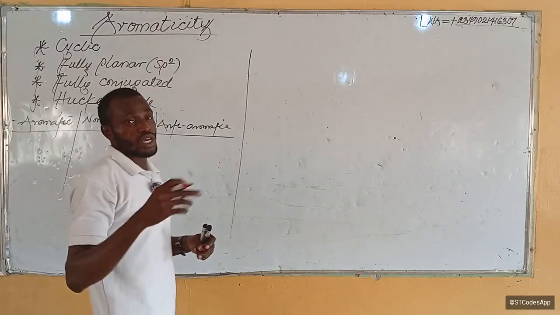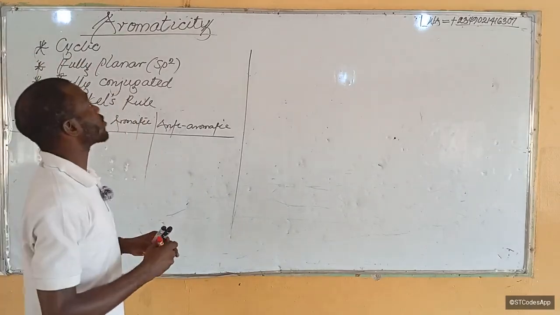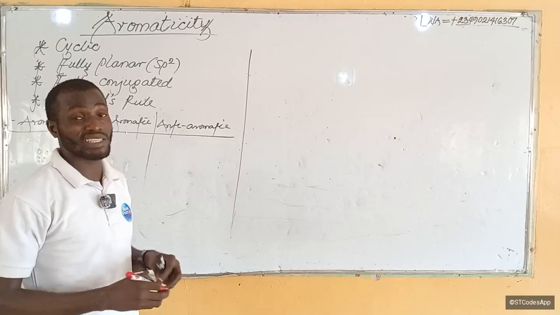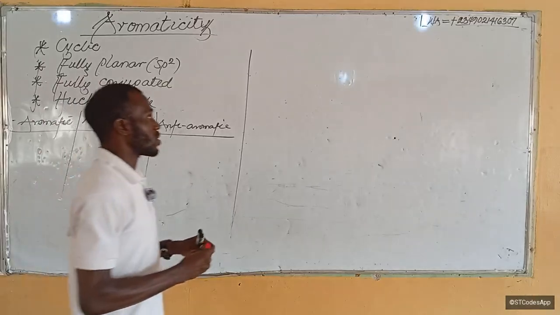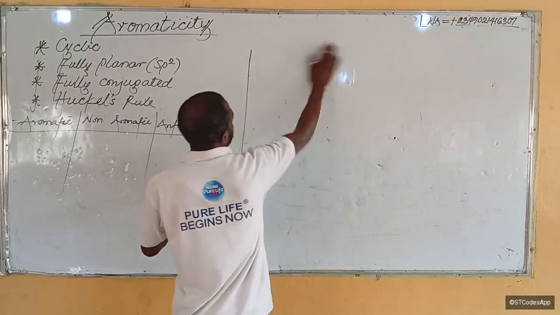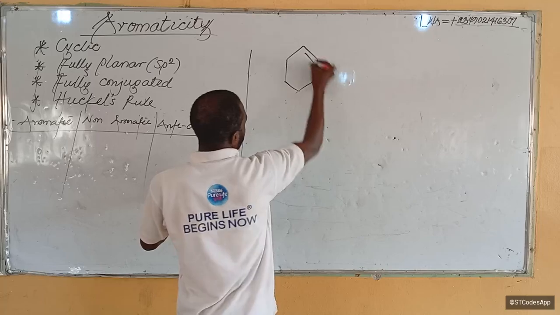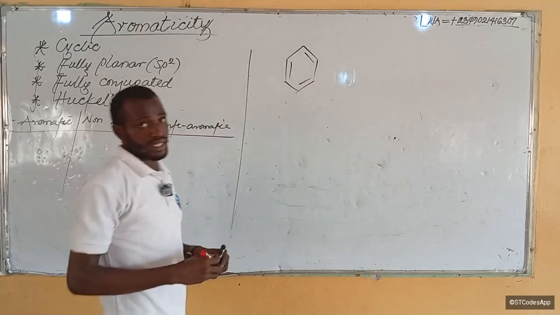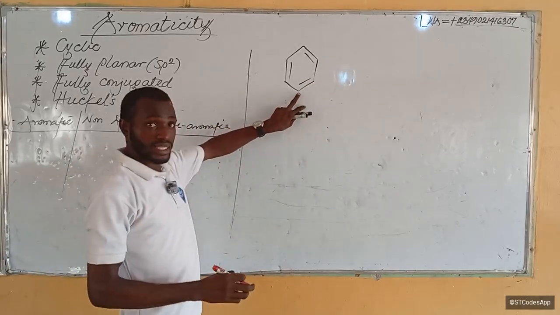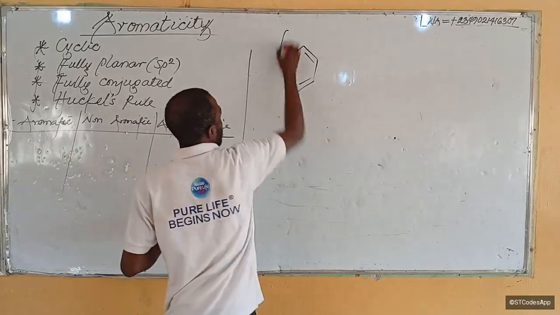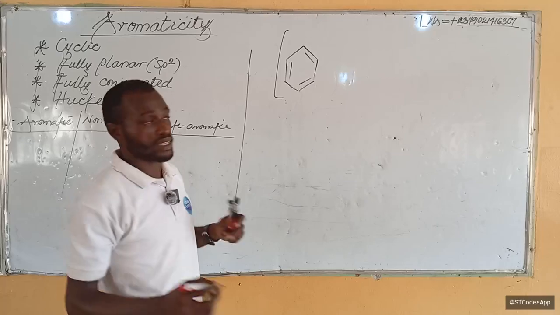When you hear of aromaticity, the first molecule that comes to mind is benzene. So I'm going to be using the benzene ring as an example. Let's draw one of the canonical structures. You already know that this does not actually exist in reality. What actually exists in reality is the resonance hybrid.